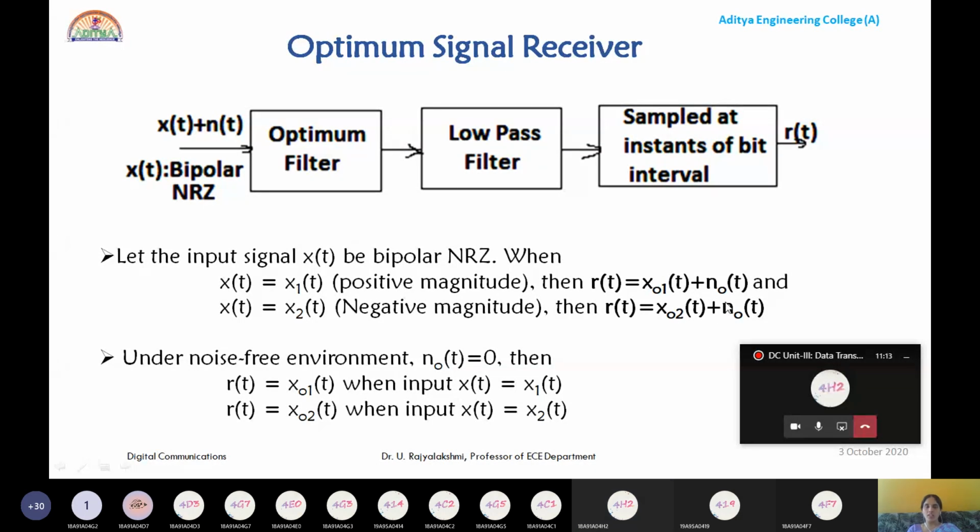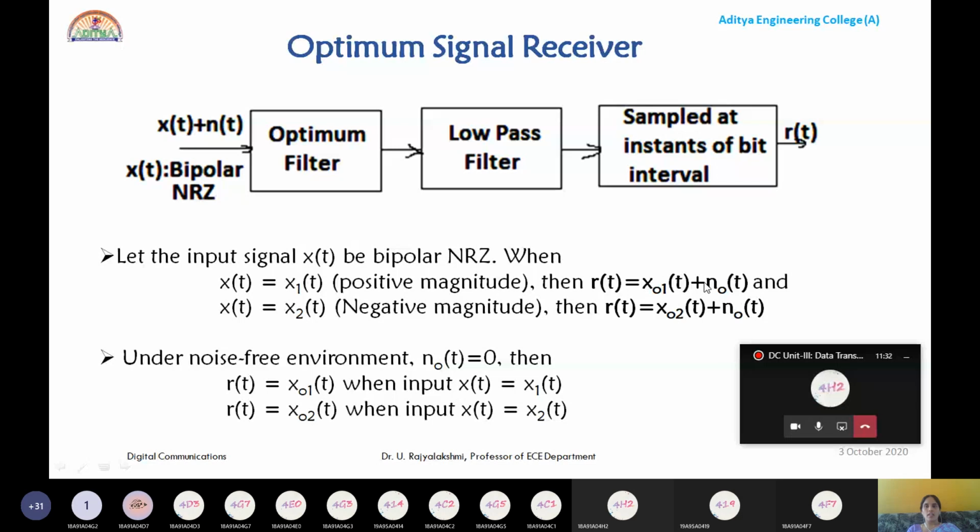Now what is N0 of t? Noise. Which noise? Output noise. Okay. What is N of t? N of t is the noise added in the channel.